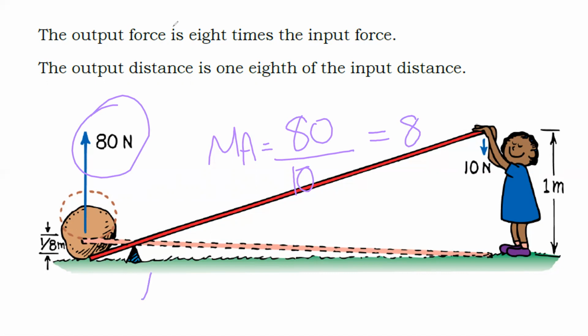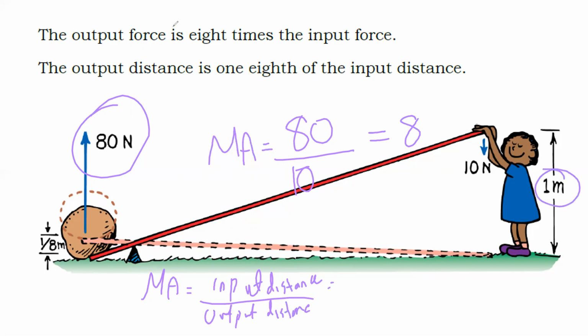And if you want to find it by the input distance over the output distance, what is the input distance? It is 1 meter. What is the output distance? It is 1 over 8. So it will also be 8. So the mechanical advantage is 8 here.